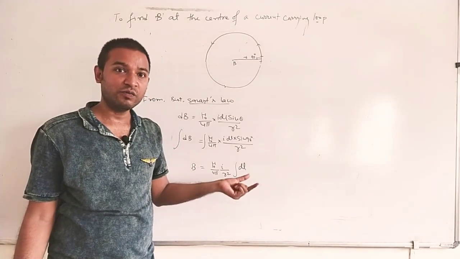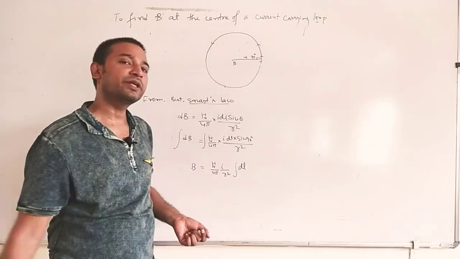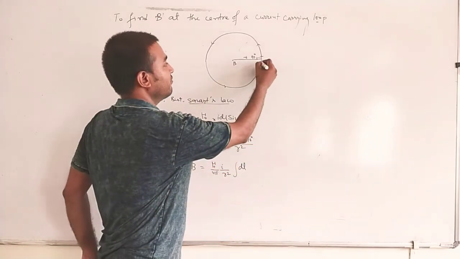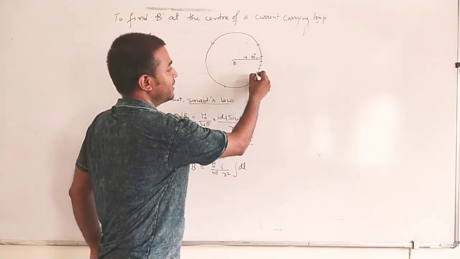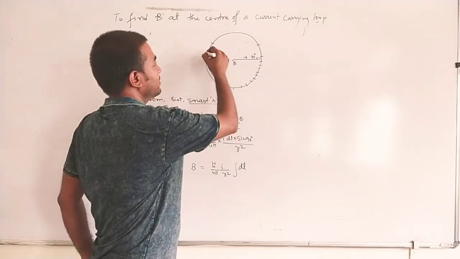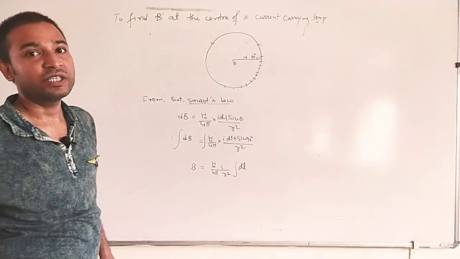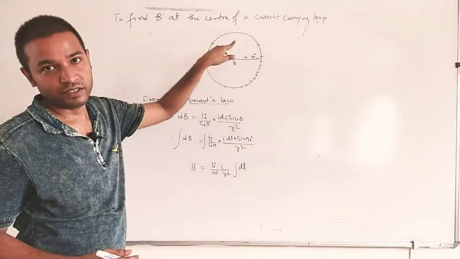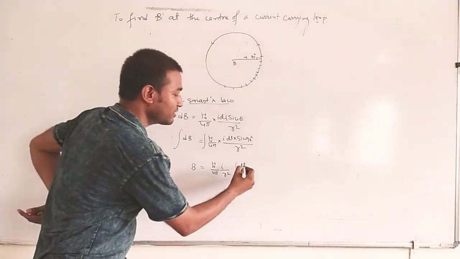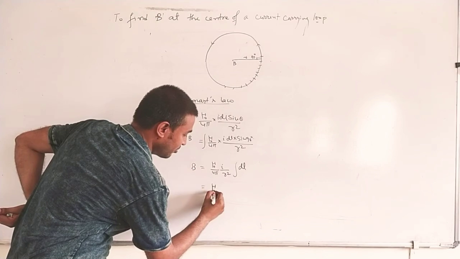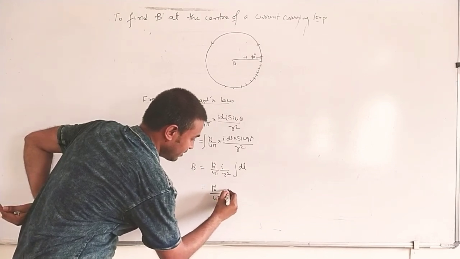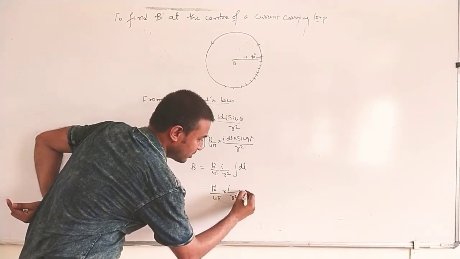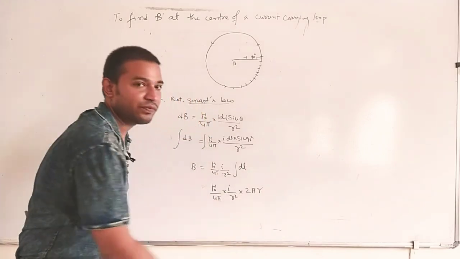Now what is the integration of dl? dl means a very small element, and if I integrate it, we get the circumference of this circle. So B is equal to mu naught divided by 4 pi into I by r square, and the circumference is 2 pi r. Remember this.